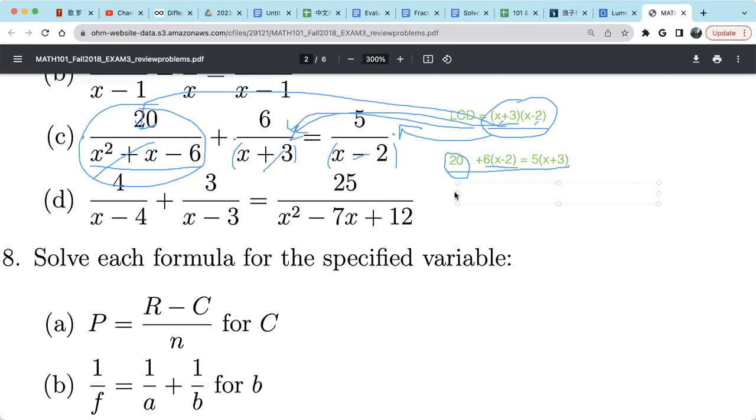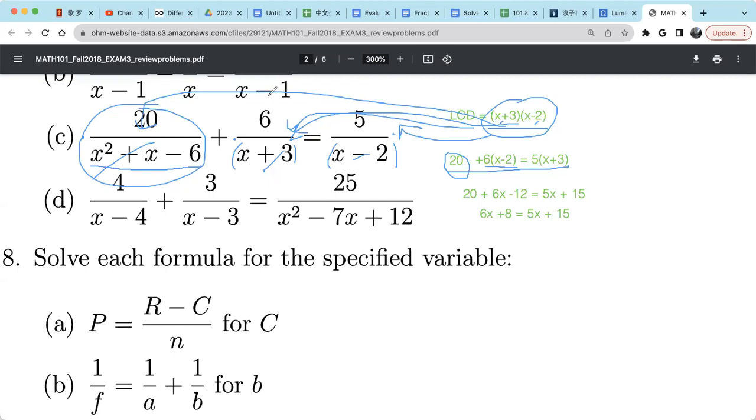Now let's simplify. So 20 plus 6x minus 12, because 6 times negative 2 is negative 12, equals 5x plus 15. Let's combine like terms. I have 6x, and 20 minus 12 is 8, equals 5x plus 15.